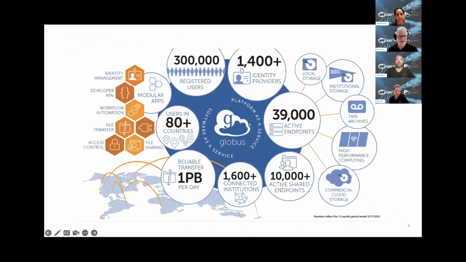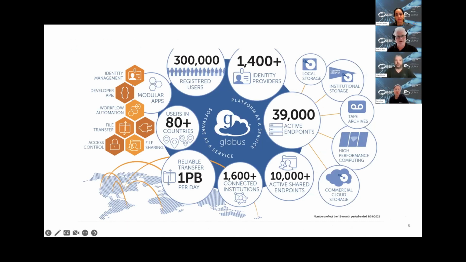So Globus, we started our collaboration with Globus about 2 years ago. But Globus has been around quite a while. It's quite a mature platform. It's run by our colleagues at the University of Chicago. Currently, it's being used to transfer over a petabyte of data a day.